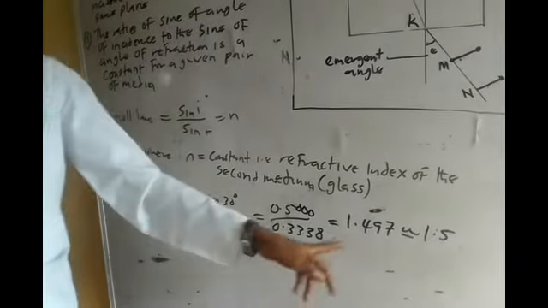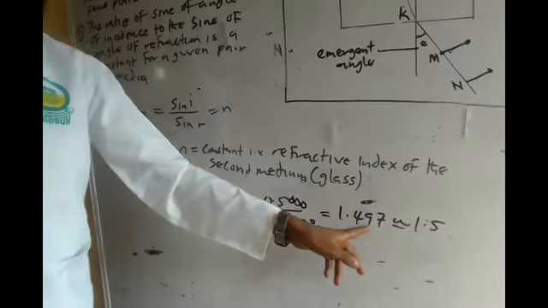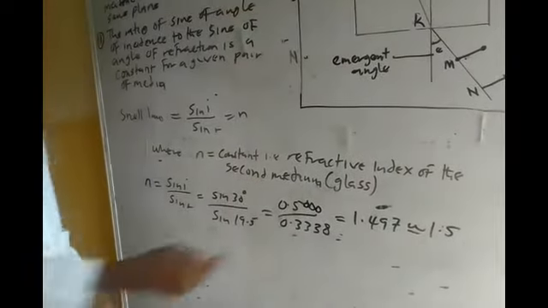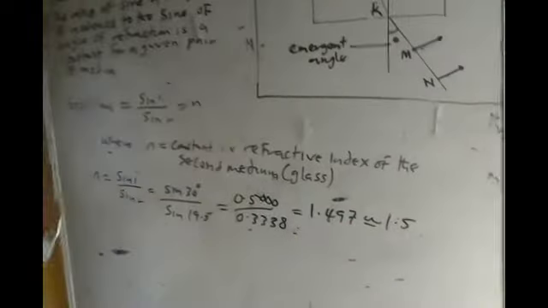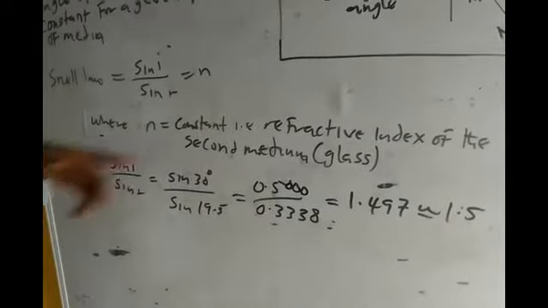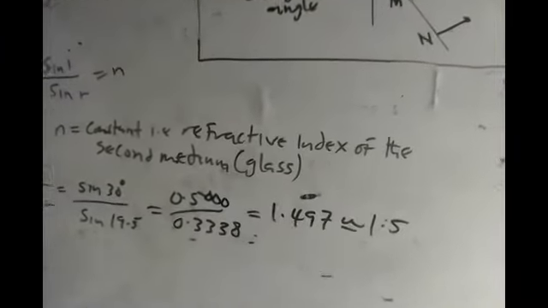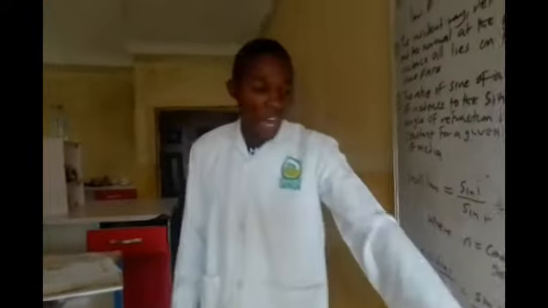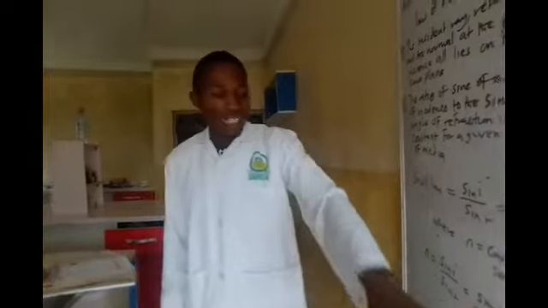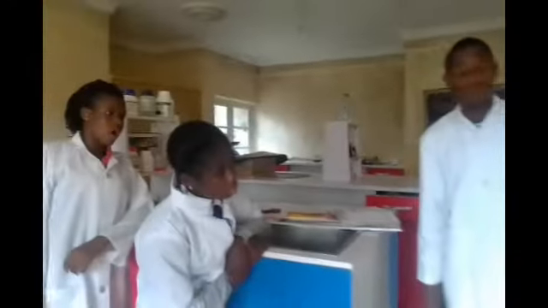If you divide, you get 1.497, which is approximately 1.5. It has been proved experimentally that the refractive index of glass is 1.5, which shows that the experiment we have conducted so far is correct. If I approximate this, we get 1.5 exactly.